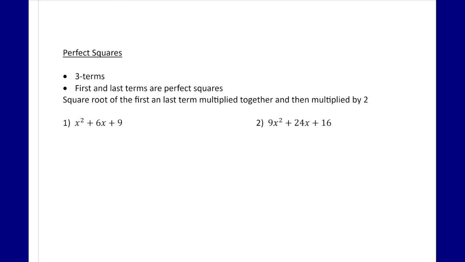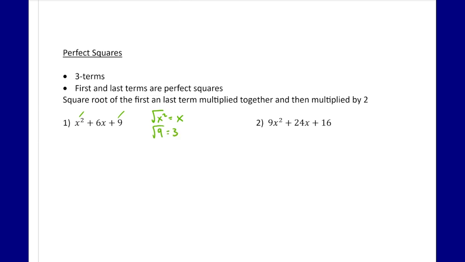So first things first, 3 terms, good. Let's take a look at the first term. Can I take the square root of x squared? It is an even exponent, so that works, it's x. What about the last term? Well, square root of 9 is 3.